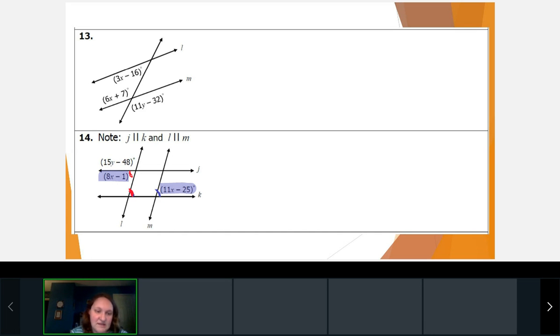So I can say that this angle is 11x minus 25 because of corresponding angles. And I know that 8x minus 1 and this angle, 11x minus 25, are congruent by alternate interior angles. So even though they didn't have a relationship to start, I figured out a way to give them that relationship. And now I can solve for x.